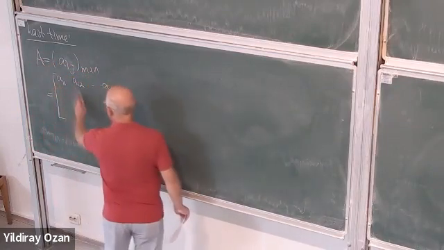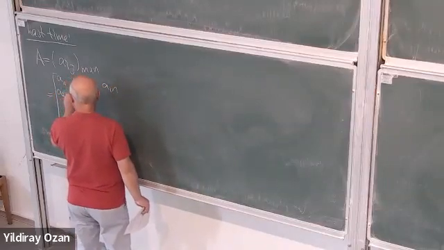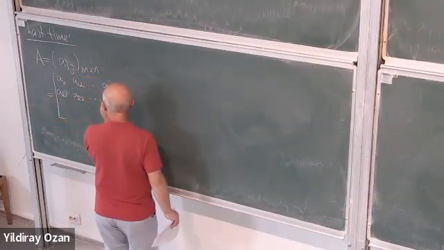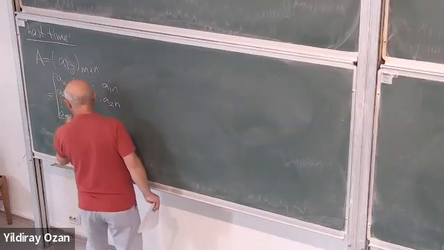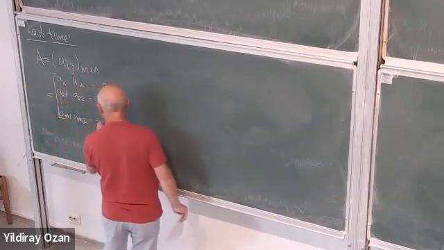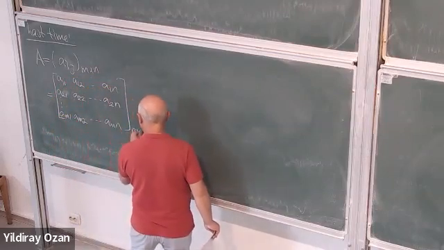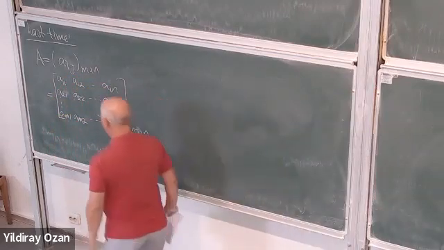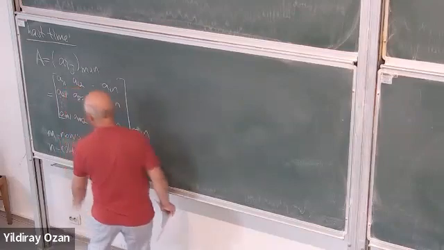So we have n columns and n rows, indexed 1 and 2 up to n. It's an n by n matrix, with a row and a column.